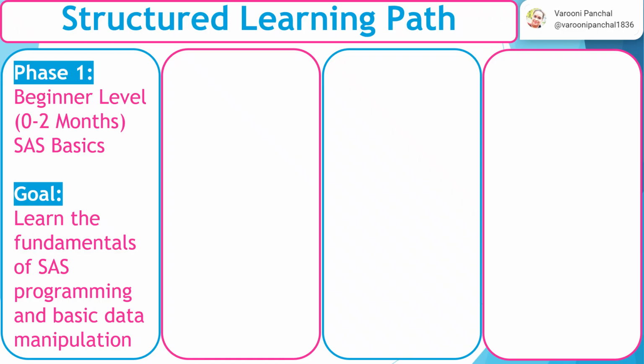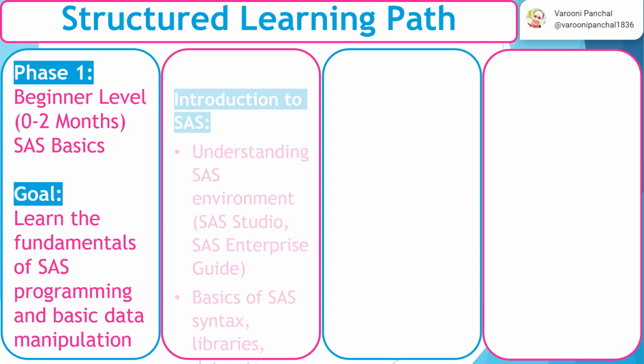So the first 2 months, your goal should be to understand the fundamentals of SAS programming and basic data manipulation, like how to create a program or how to create a data step. Now what is a SAS procedure, how do I write the syntax? All those fundamentals are required for SAS programming, and a minimum of 0 to 2 months to understand the basics should be there. So this is the structured learning path, goal-wise, that you need to follow.